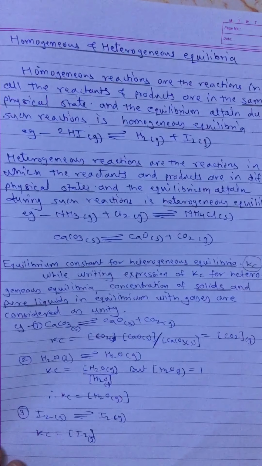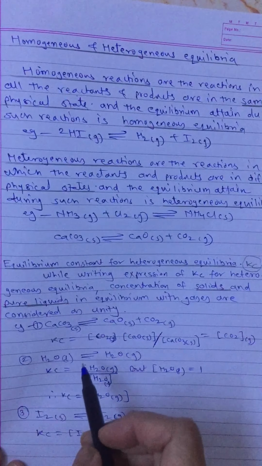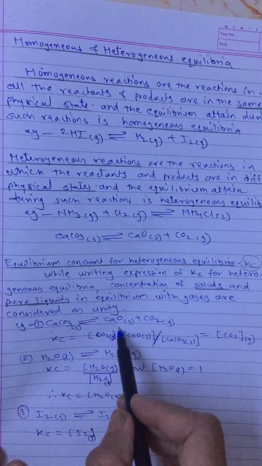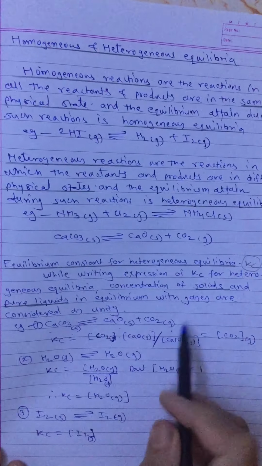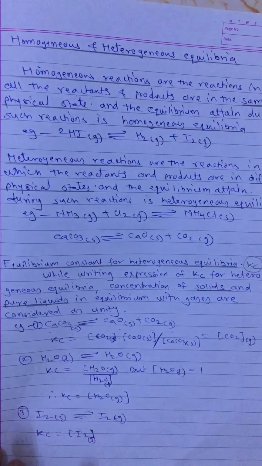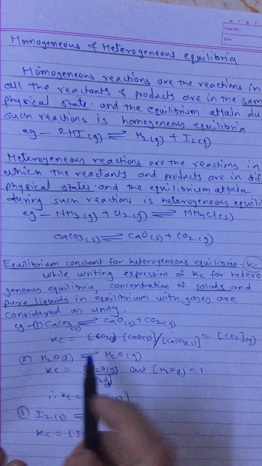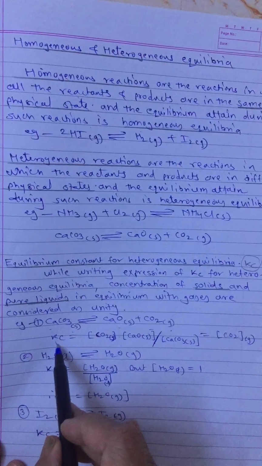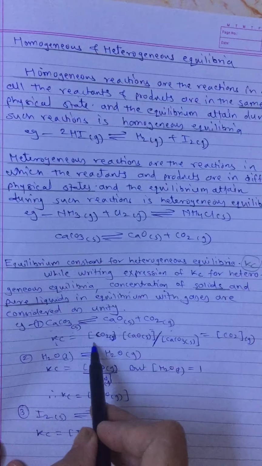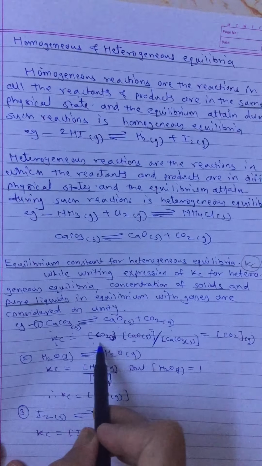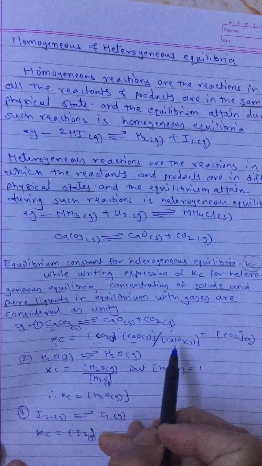Means what? See the example. If you have a reaction CaCO3 solid giving CaO solid plus CO2 gaseous, it is a heterogeneous reaction. So at equilibrium we will be having heterogeneous equilibrium. So what is the Kc expression for this? Kc is equal to concentration of CaO into concentration of CO2 upon concentration of CaCO3.